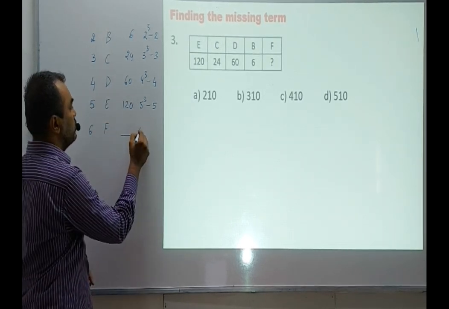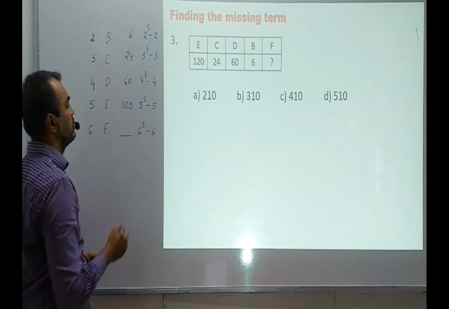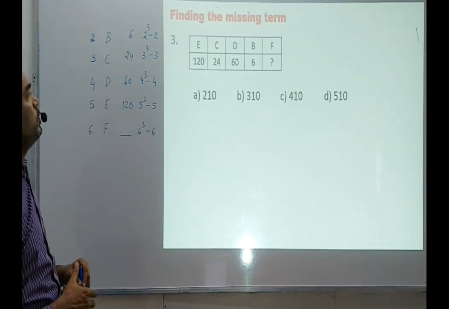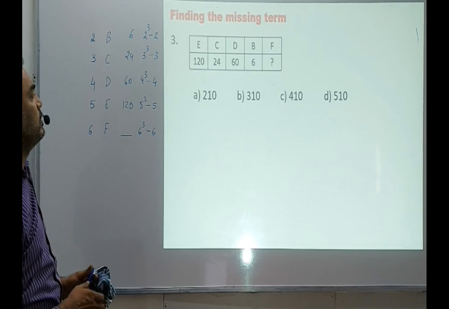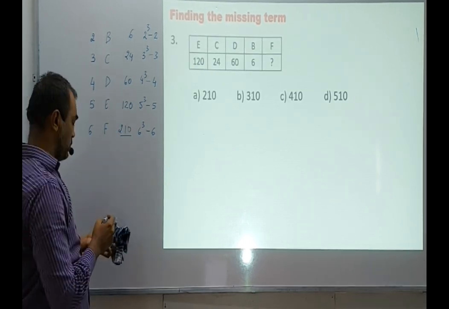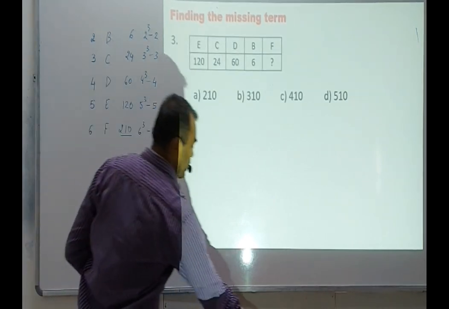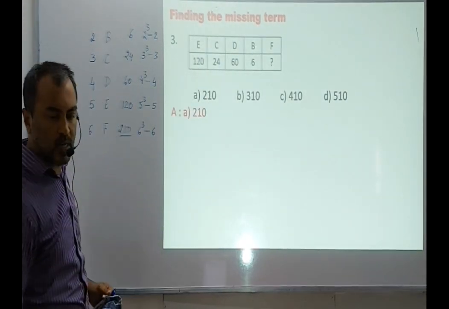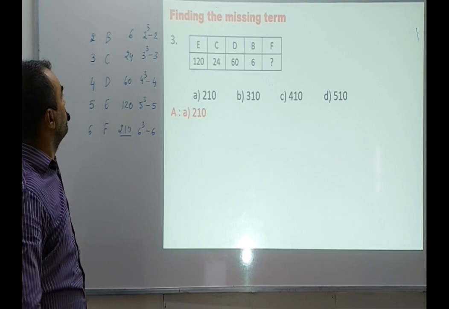So this answer should be 6 cube minus 6. What is 6 cube? 6 cube is 216. 216 minus 6 will give us 210. So what is our answer? You must have guessed. Answer is A, 210.